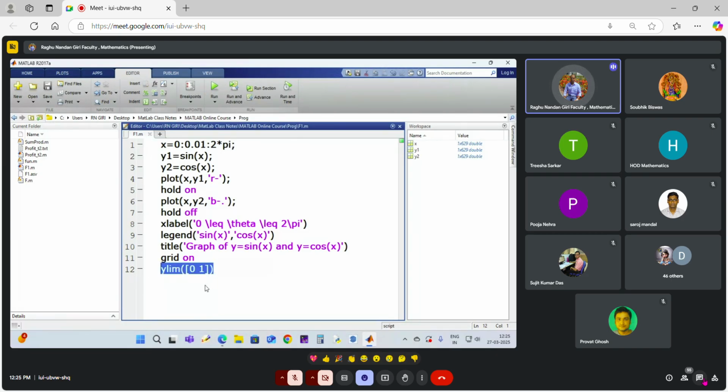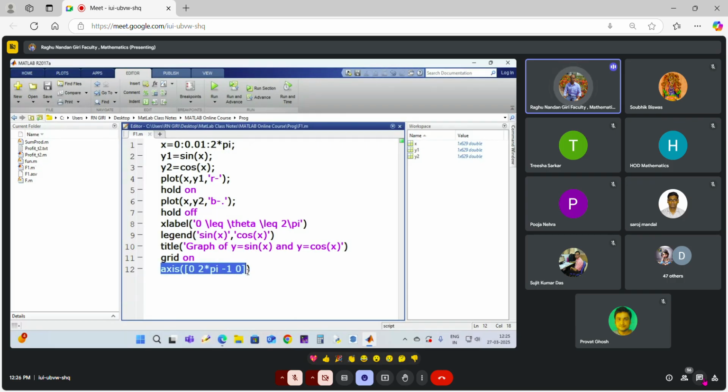See, instead of the xlim, if you put the axis command, within the axis command there is an array with the x limit, suppose 0 to 2 pi, then y limit, suppose -1 to 1.